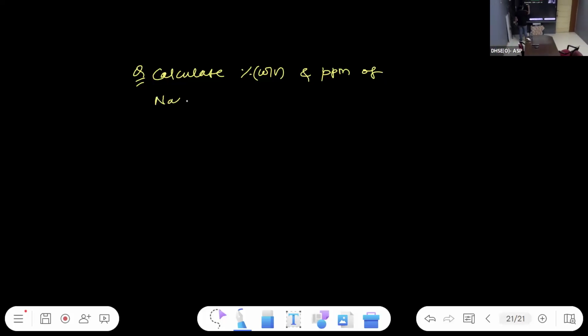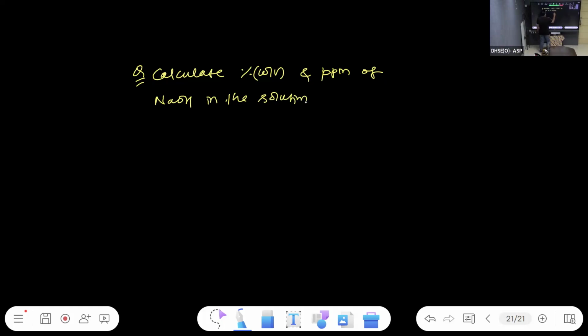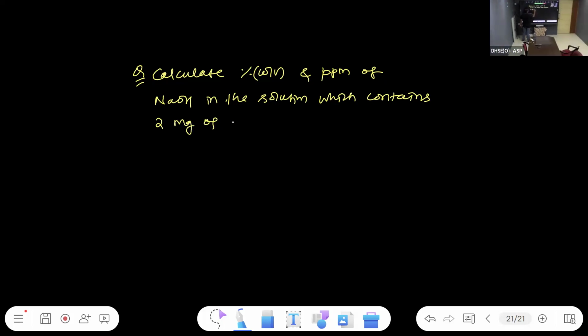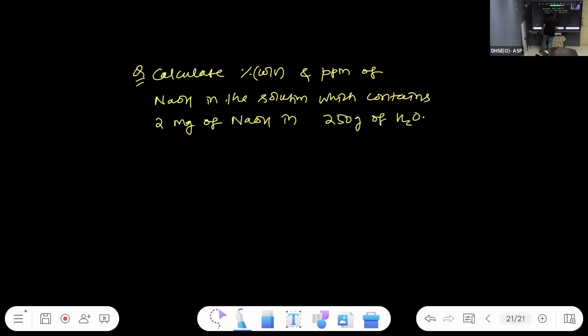Calculate the percentage weight by volume and ppm of NaOH in the solution which contains 2 milligram of NaOH in 250 gram of water.